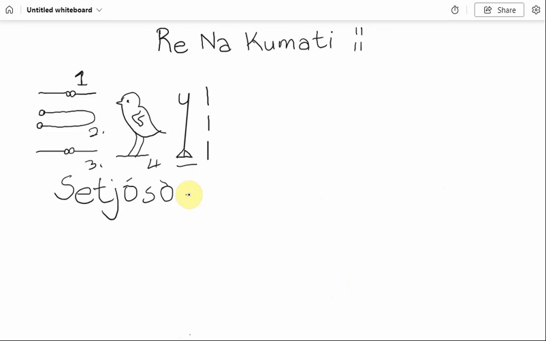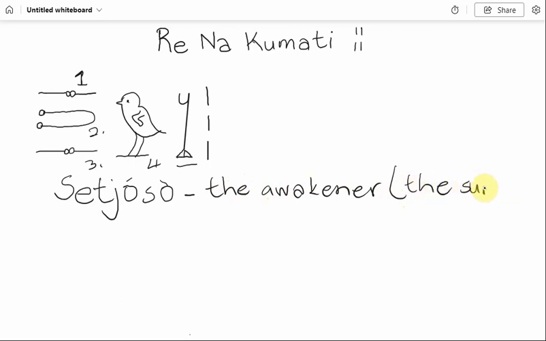The awakener, Setjoso, the awakener, in reference to the sunrise. That's what that means, the awakener, Setjoso.